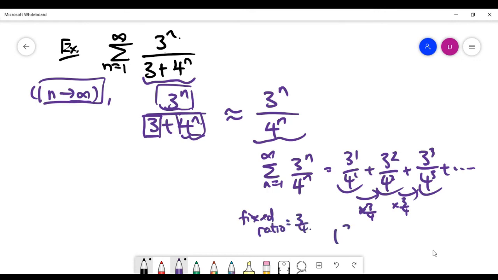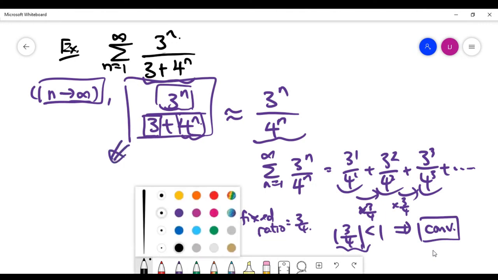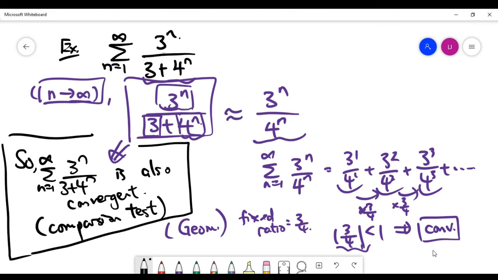So obviously this case is geometric now, and we can directly apply the geometric series test. Because this ratio is less than 1, it is a convergent geometric series. By the comparison test, the original series is also convergent, right? Let me write down the answer here. You can look at the answer in the black box that I've written down here, and that's basically the answer to this problem.